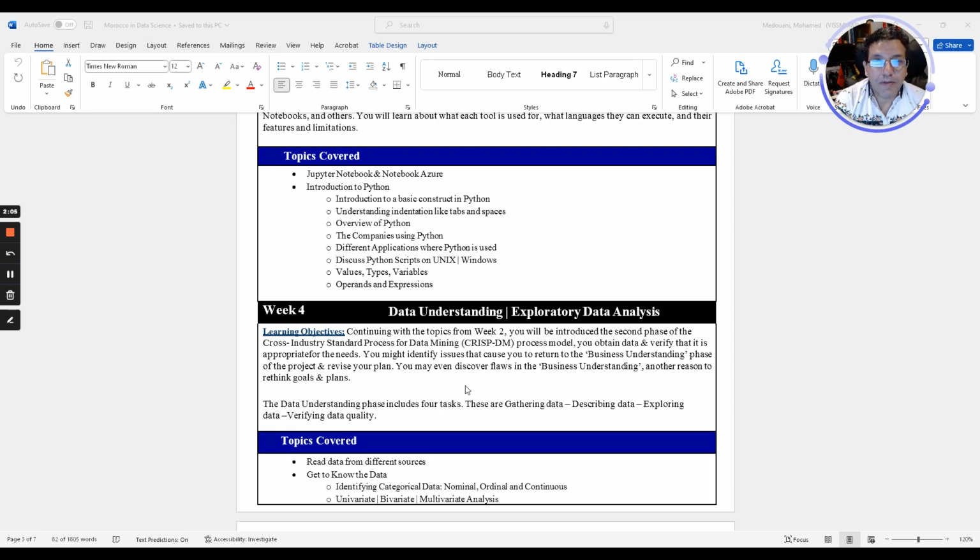We could use descriptive analytics. We could use exploratory data analysis. There are many methods that we could use to help us understand the data. And the more you understand the data, the better you will design your solution.